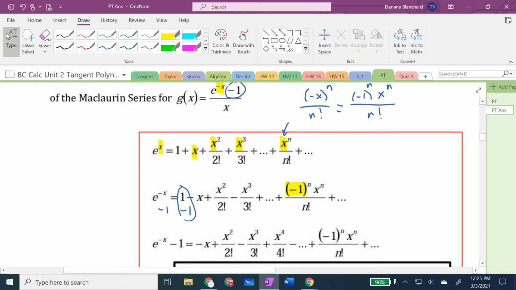And so there it is with the addition of what was to be the next term brought into play, and it does not affect the general term. Then the last thing is to divide by x.